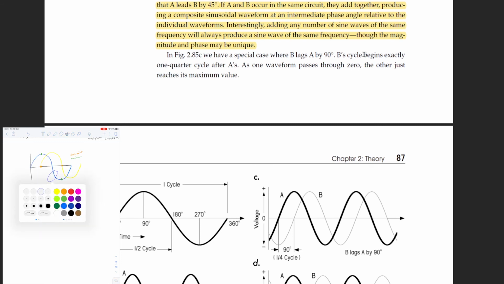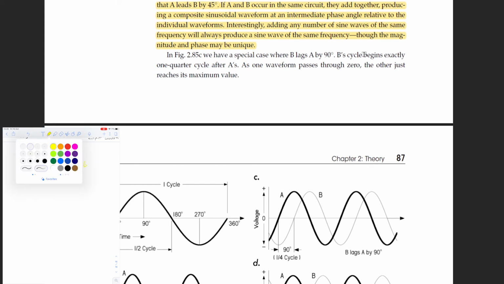Yellow is B. Blue is A. So in this instance, B lags A by 90 degrees: when one waveform passes 0, the other reaches maximum value.